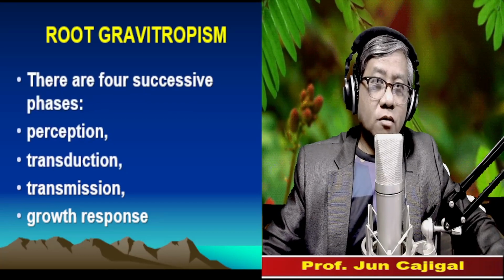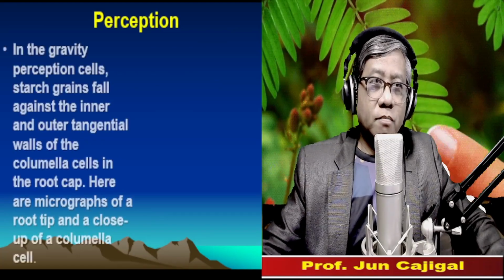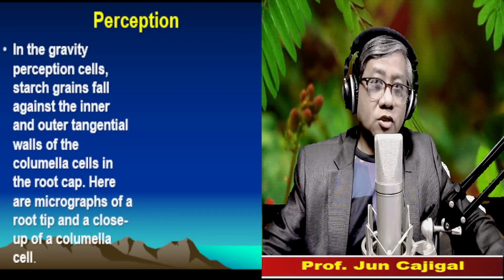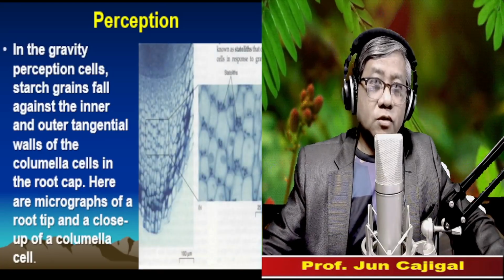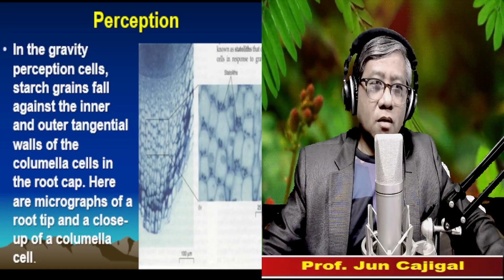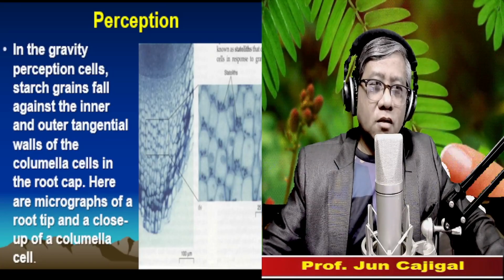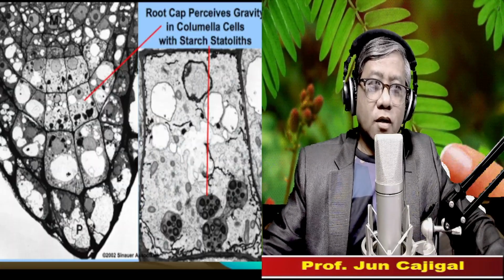Now, when we speak of perception, the root responds to the pull of gravity. So there are perception cells with starch grains. These starch grains will respond to gravity by falling against the inner and outer tangential wall of the columella cells in the root cap.